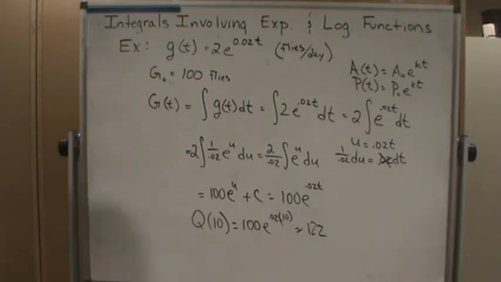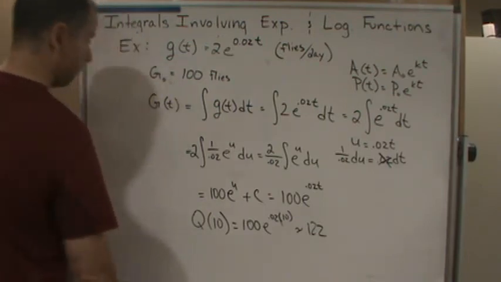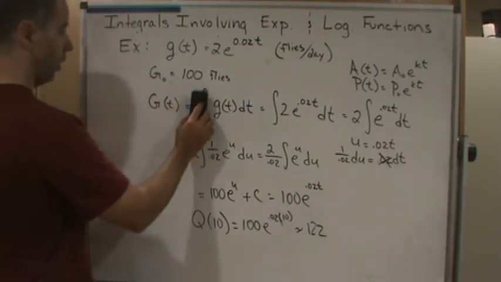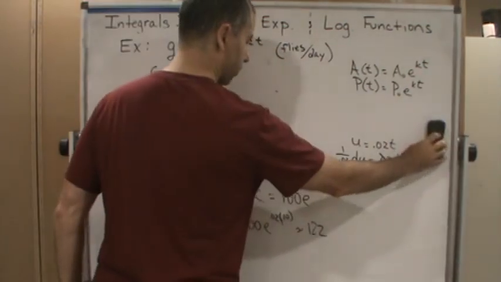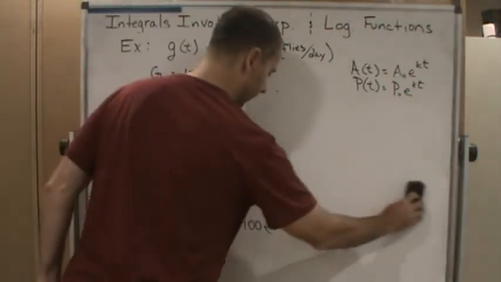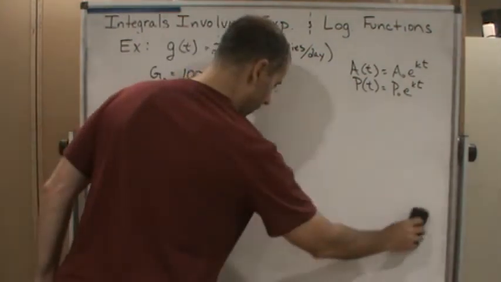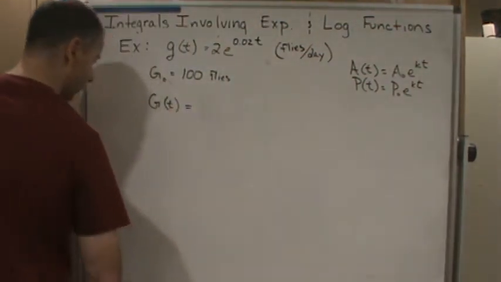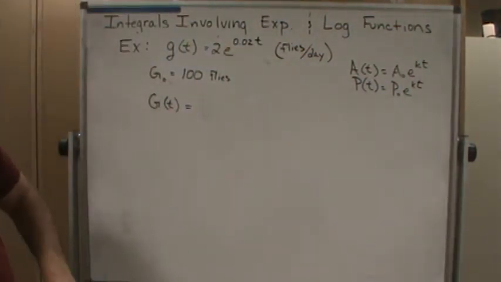Now, there's another way we could have done this. Either way would have been fine. So I used total change, but we could have used the net change theorem.